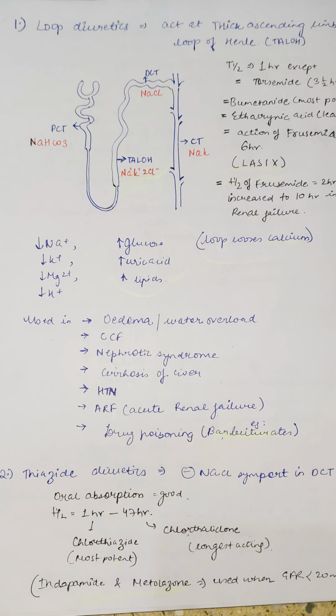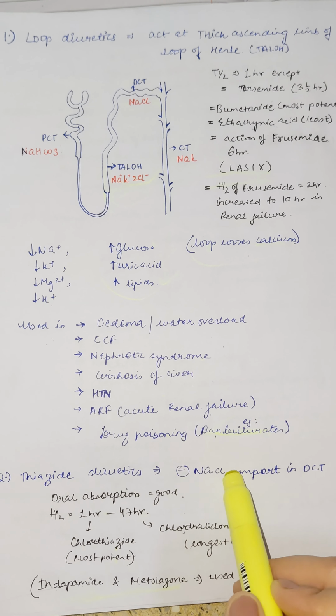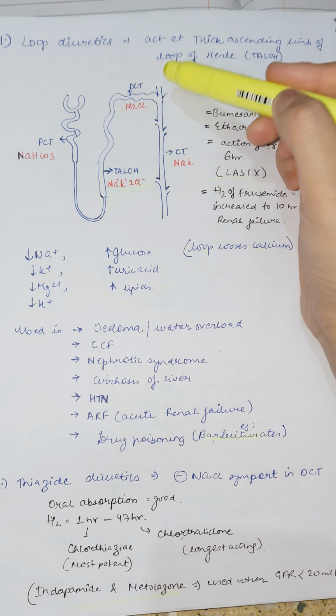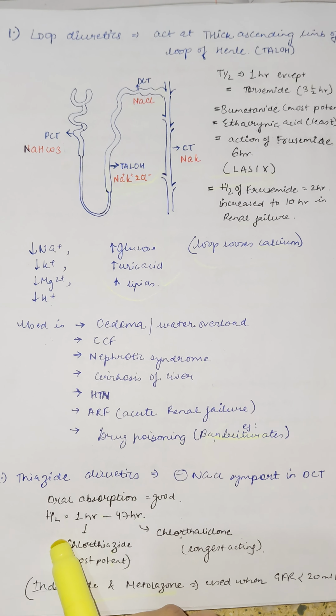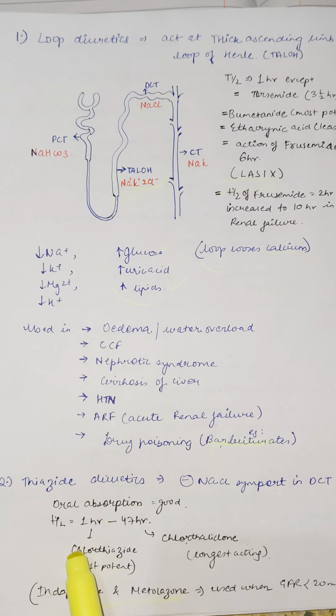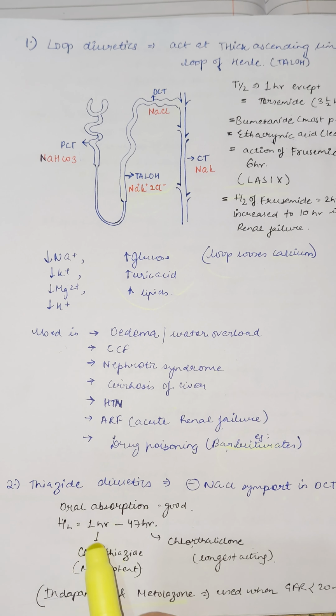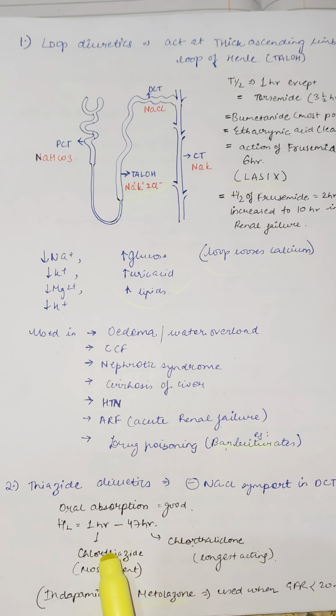Now thiazide diuretics. Thiazide diuretics act on the NaCl import channels in the DCT. Its oral absorption is good and T half is 1 hour to 47 hours. 1 hour T half is for the drug chlorothiazide, which is the most potent.